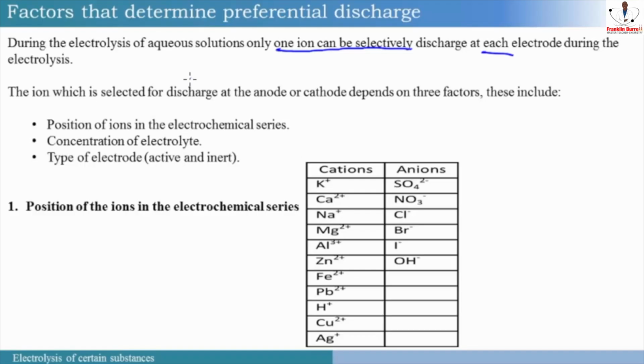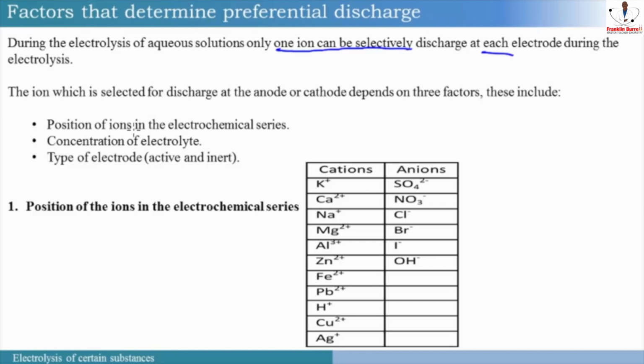What do we mean by preferential discharge? We mean that an ion will form an atom or a molecule, and that will come off as a solid or a gas or even liquids. So when we say preferential discharge, which ion will change from an ion to an atom or element in its free state?